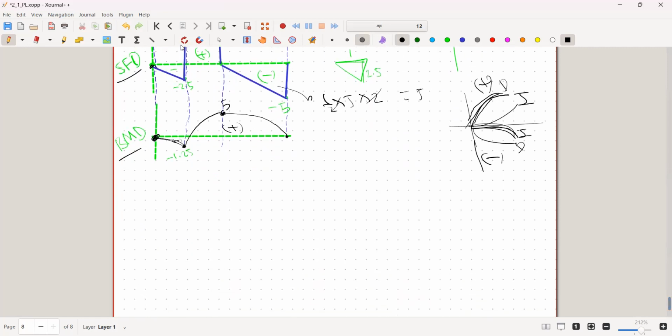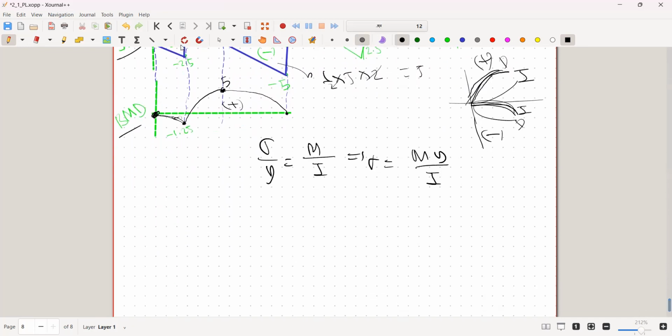So now we can use the flexure formula we derived: sigma over y is equal to M over I. So sigma is simply equal to M y over I, and we were given a cross section of 80 millimeter and the height was h. We know the formula of I for a rectangular section is simply b h cubed over 12.